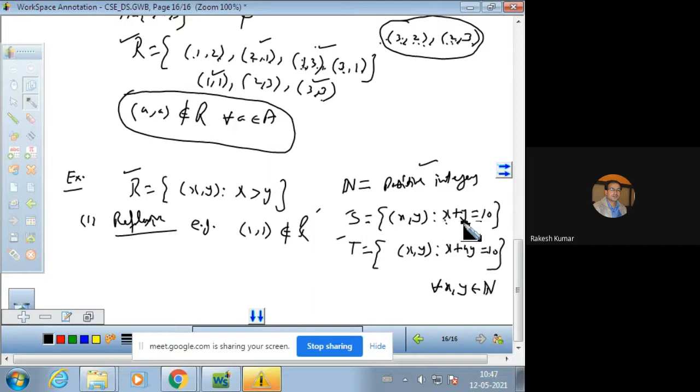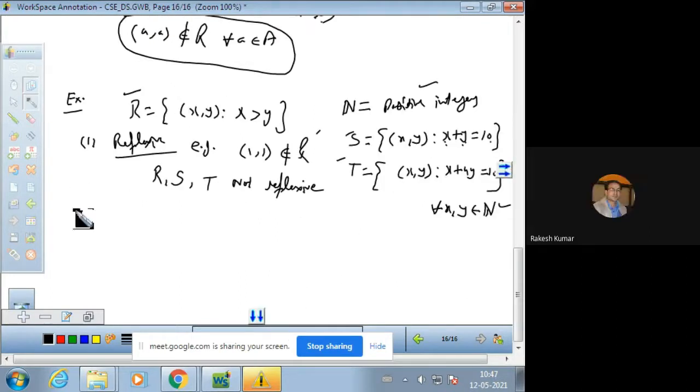Only 5 plus 5 is equal to 10. सिर्फ 5 इंटीजर के लिए ही प्रॉपर्टी सेटिस्फाई होती है, and this property is not satisfied for all. So R is not reflexive, S is not reflexive. Similarly, T is also not reflexive. तो ये तीनों की तीनों रिलेशंस रिफ्लेक्सिव नहीं है.